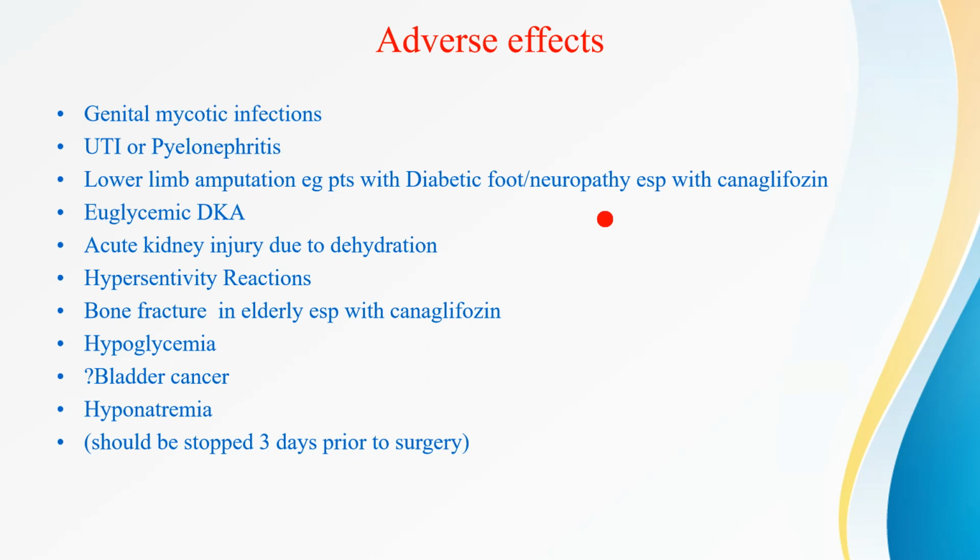Hypoglycemia is rare but can be seen if they are combined with insulin or other insulin secretagogues or other anti-diabetic drugs. About bladder cancer, it is not proved yet, but a few physicians think that it can cause bladder cancer also. Hyponatremia is seen because of excessive diuresis, and both hypo- and hypernatremia can be seen depending upon the amount and the duration of its use.